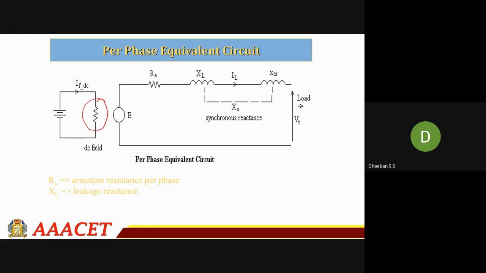For the per phase equivalent circuit, that is for your AC side, the equivalent circuit is this. Here the synchronous reactance includes the reactance XL, that is your leakage reactance, and this is your armature resistance. After this, you will be connecting to your load.